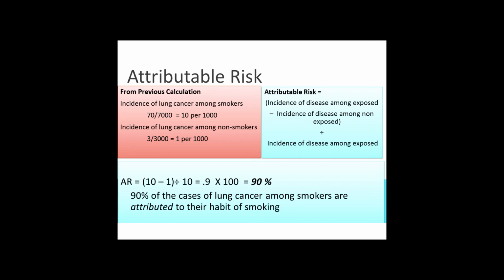So we take our incidence among exposed. We subtract out the incidence rate of the unexposed. We divide it by our exposed group, and we look at 90%. 90% of the cases of lung cancer among smokers are attributed to their habit of smoking.